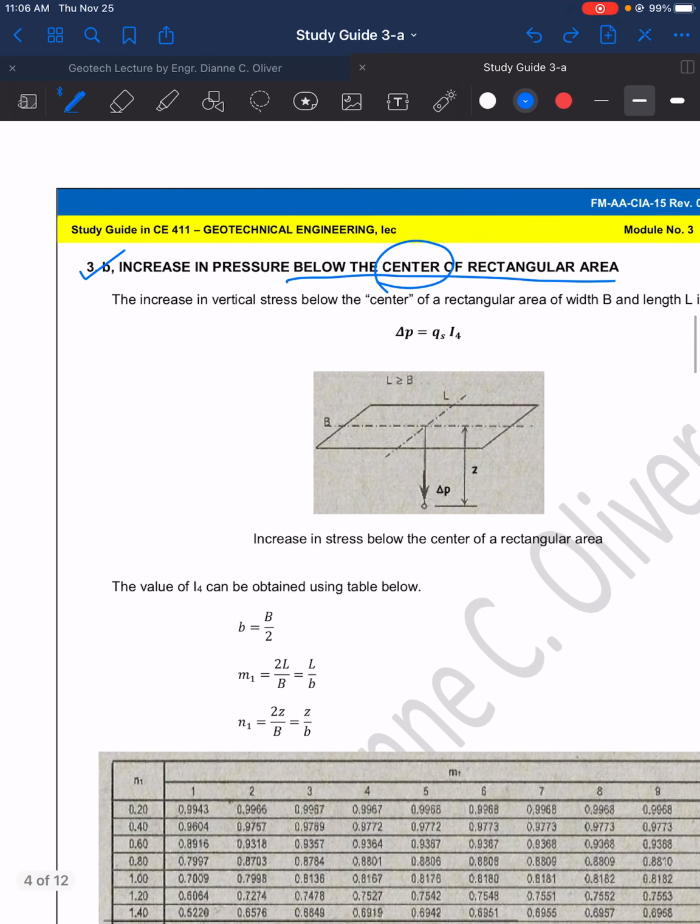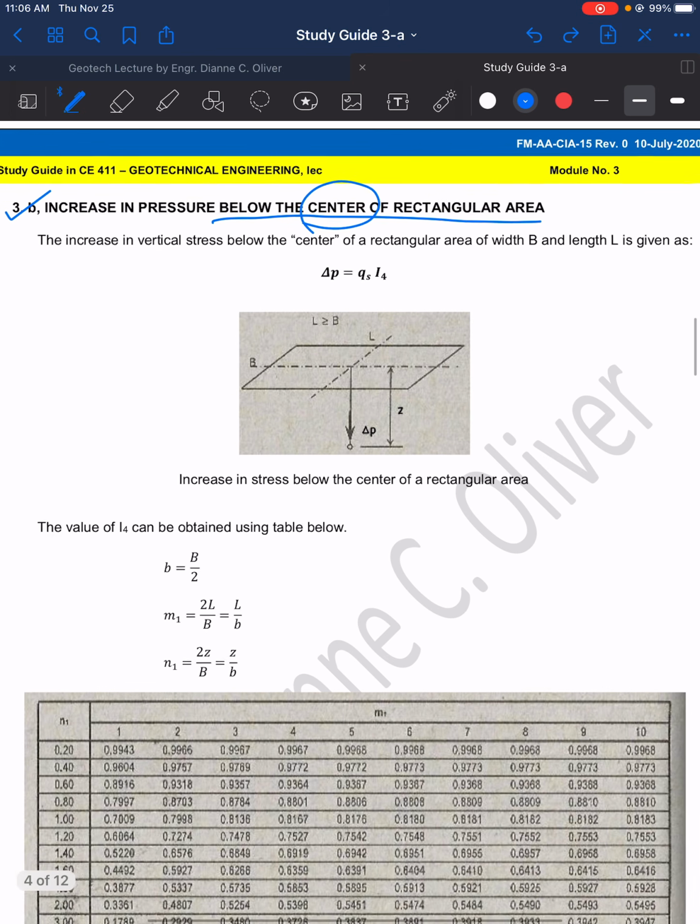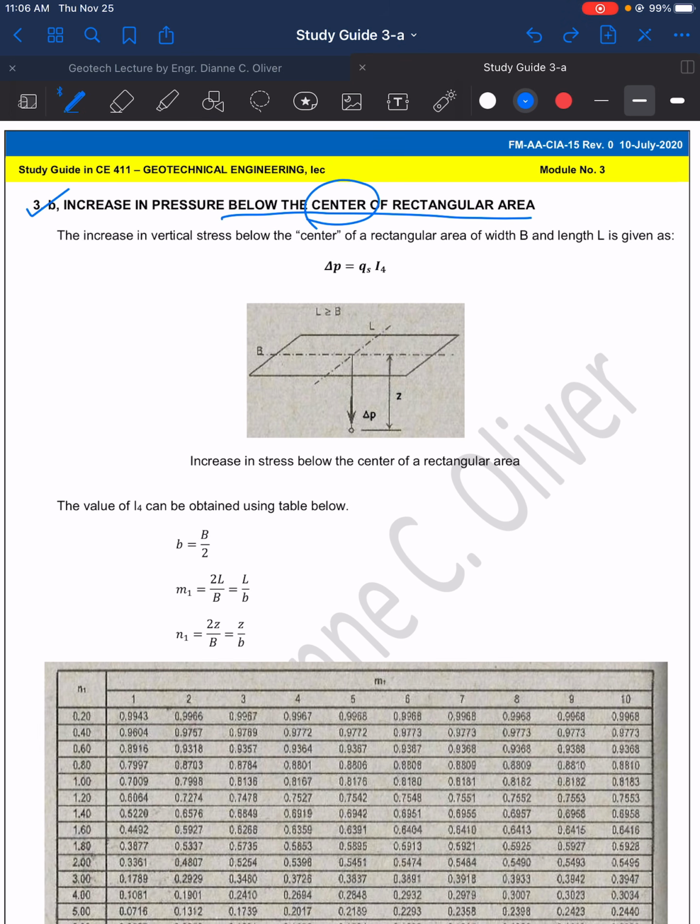Let's go to the second case, for the third equation. Increase in pressure below the center of a rectangular area. The increase in vertical stress below the center of a rectangular area of width B and length L is given as delta P is equal to q sub s I sub 4.